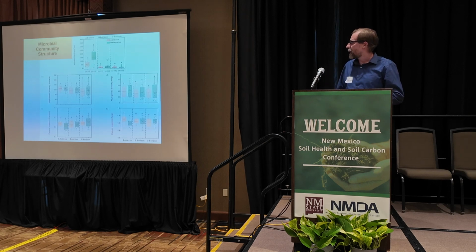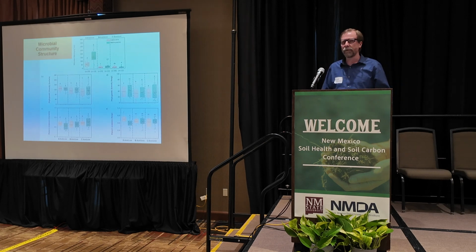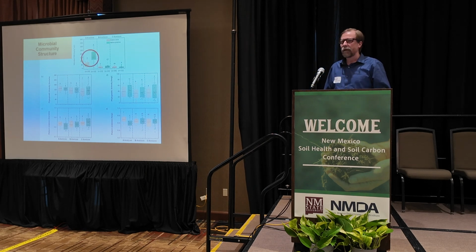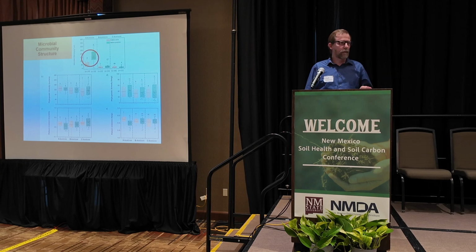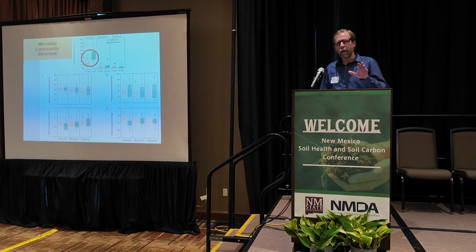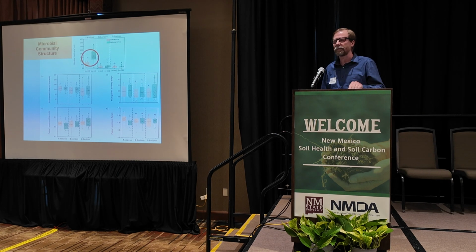What we also did, we did microbial community structure with DNA analytics. I'm not a microbiologist, so I will keep it to the basics. What we see in the A horizon is total DNA, which gives you a proxy for microbial biomass. That is 3 times more in the grassland ecosystems compared to the arable systems. So if you disturb your system, you bring down the microbes, right?